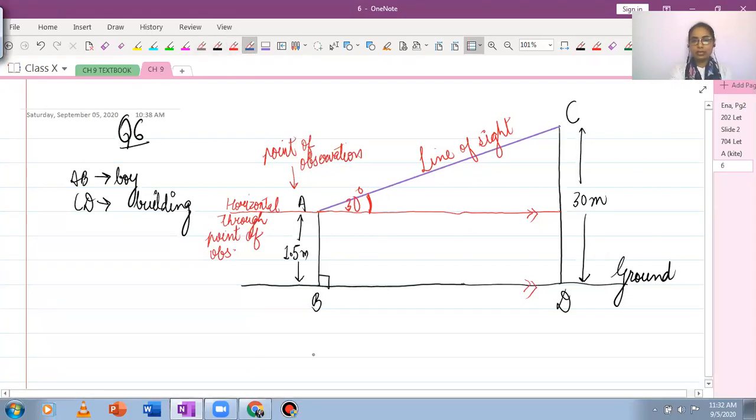So after this, this boy here, AB, he walks towards the building. And let us say he walks towards the building and reaches this point. This is his new position.